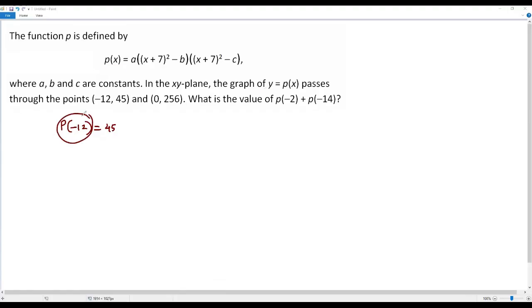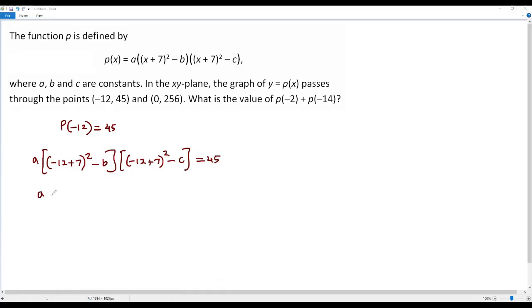To get the value of p of -12, we have to plug in this -12 for x over here and here in the given function. Then we get a times (-12 + 7) squared minus b times the same thing. We have to plug in this -12 for x over here. Then we get (-12 + 7) squared minus c equals 45.